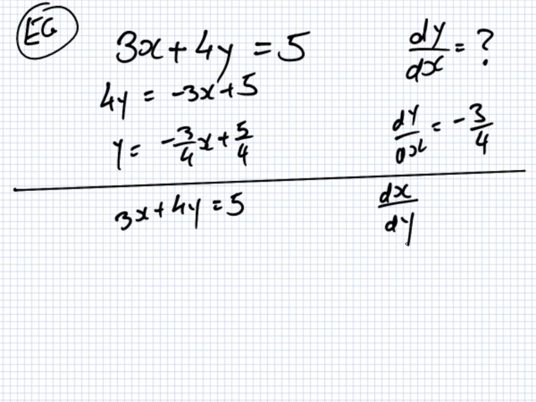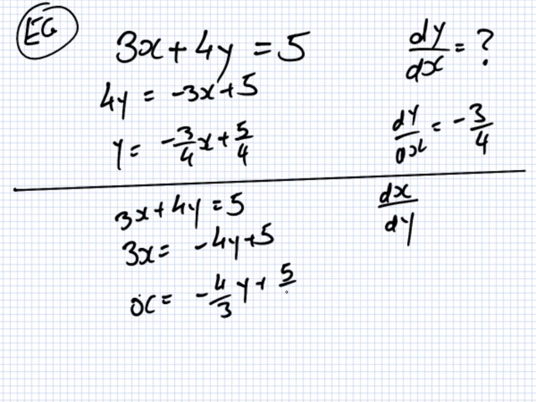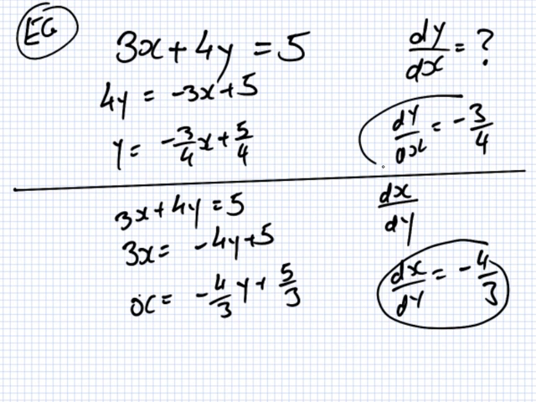Yeah, well, one way is you just make x the subject. So we get 3x equals minus 4y plus 5. X equals minus 4 over 3 y plus 5 over 3. So dx dy equals... Now look at this answer and look at this answer.